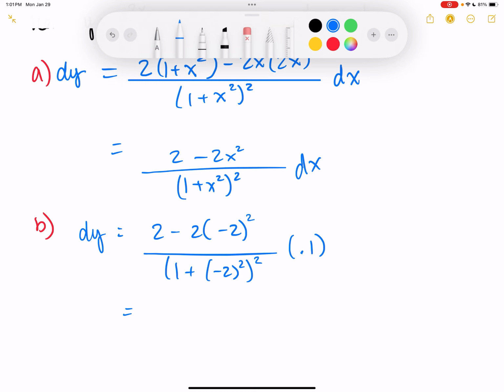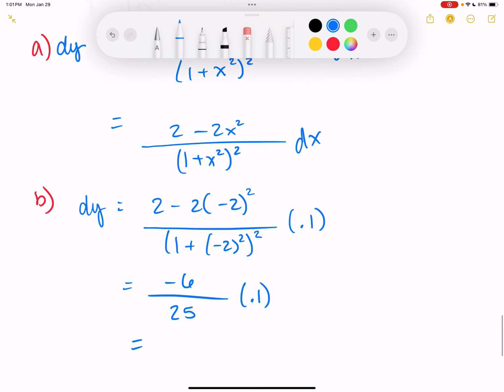So, negative 2 squared is 4, times negative 2 is 2 minus 8 is negative 6, over negative 2 squared is 4, plus 1 is 5, squared is 25, and then multiply by 0.1. Negative 0.024.